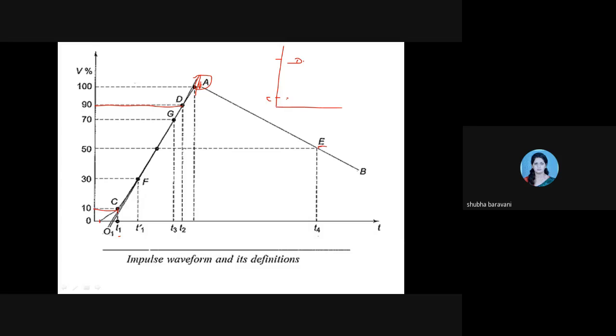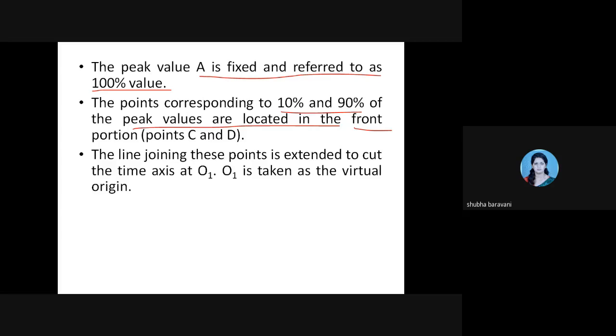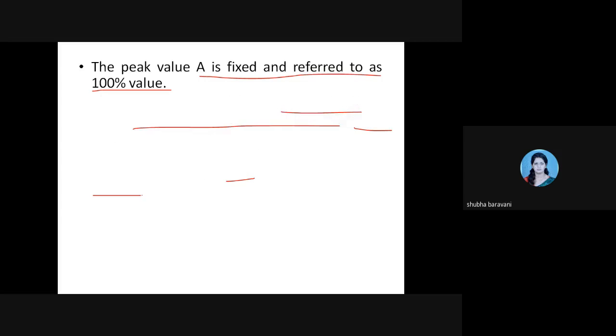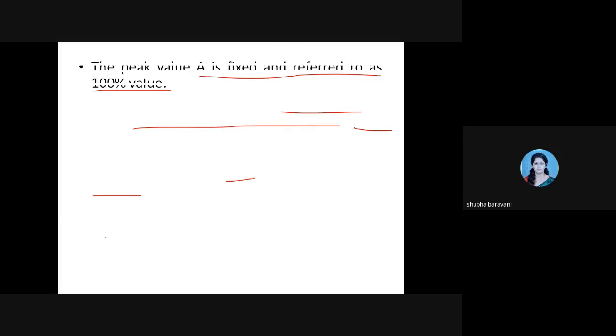The impulse wave is starting from here and going up, so you have to draw a tangent, the line joining points C and D. The point where this line cuts the x axis, or time axis, is your point O1, and this point O1 is taken as the virtual origin. It is not the original origin; the original origin is here. O1 is the virtual origin. Is this understood up till here?